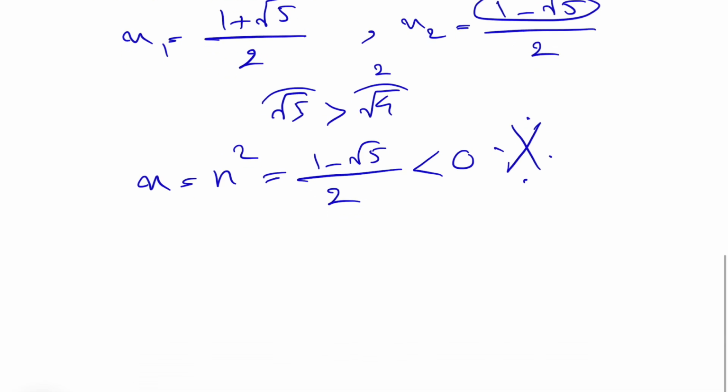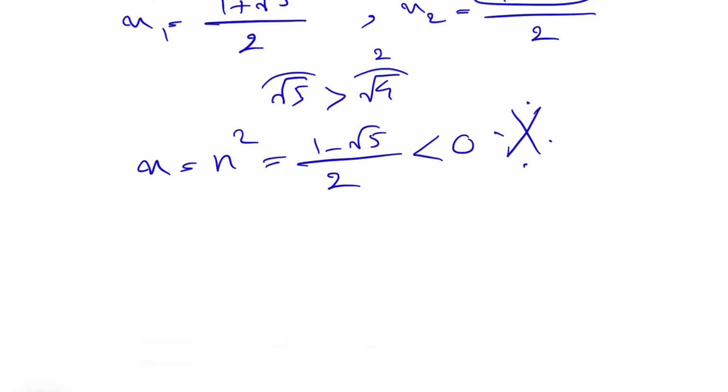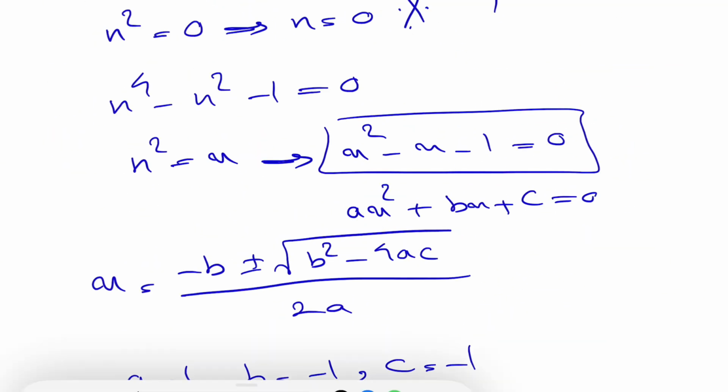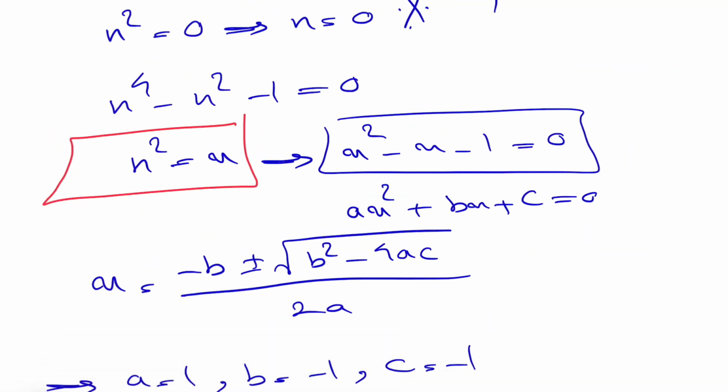So the only acceptable x is 1 plus the square root of 5 divided by 2, and this will be equal to n squared, because at the beginning we called our x n squared.